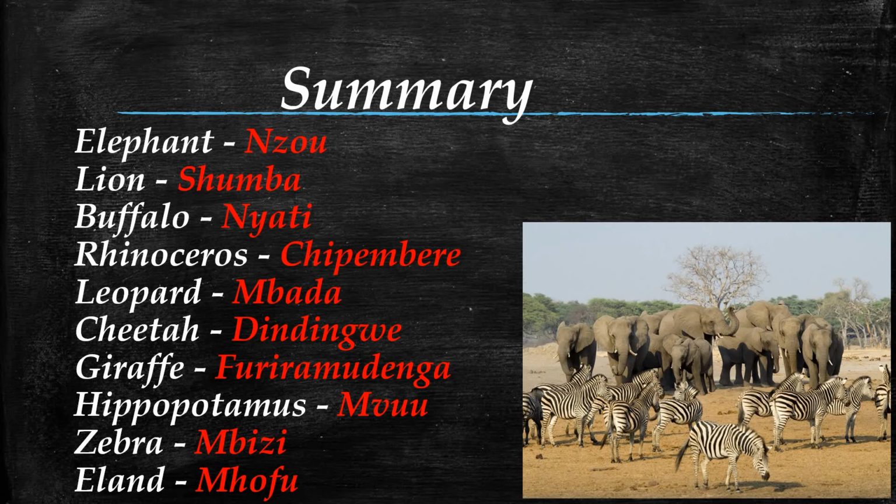Cheetah is the Dindingwe. Giraffe, Furiramudenga. That's a long one. And hippopotamus is called Mvuu. Zebra is Mbizi, and Eland is called Mhofu.